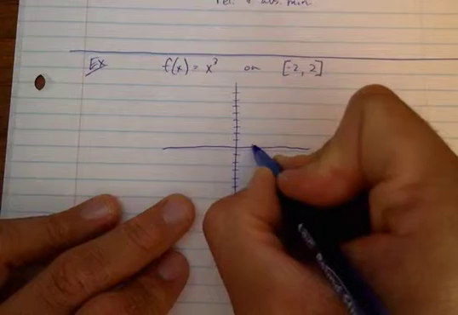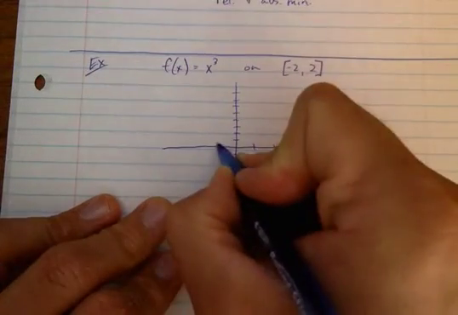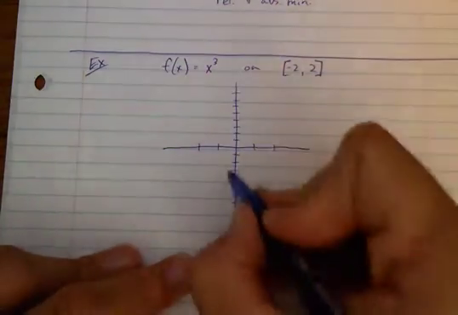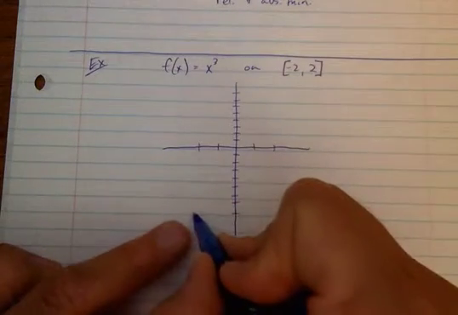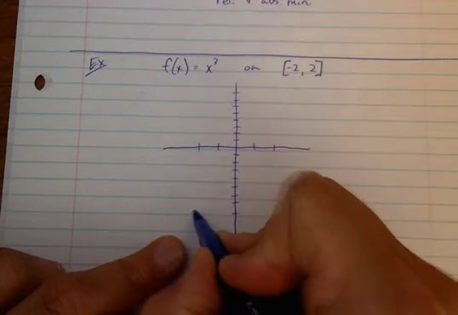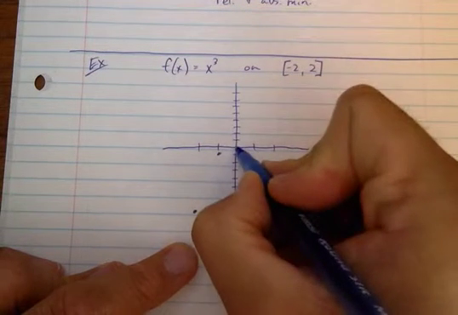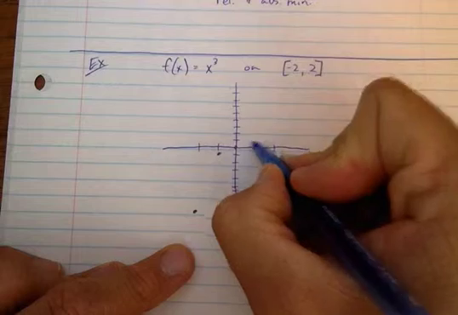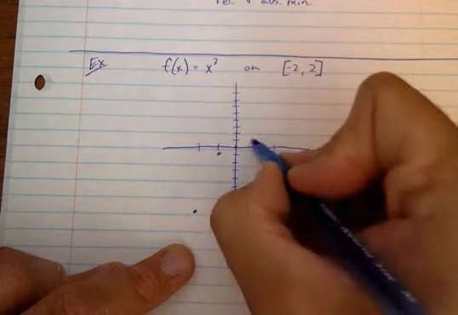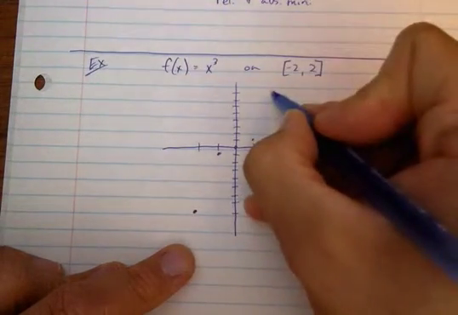I'm going to blow up this axis a little bit. 1, 2, 1, 2. All right. At -2, it is -8. At -1, it is -1. At 0, it's 0. And then we have the mirror on this side, except it's positive. 1 cubed is 1 and 2 cubed is 8.